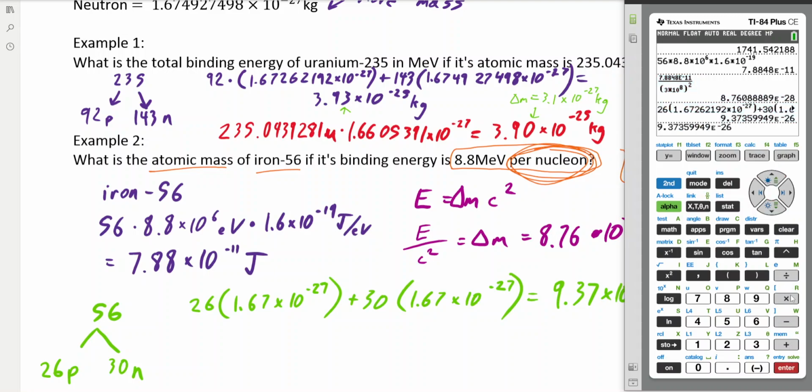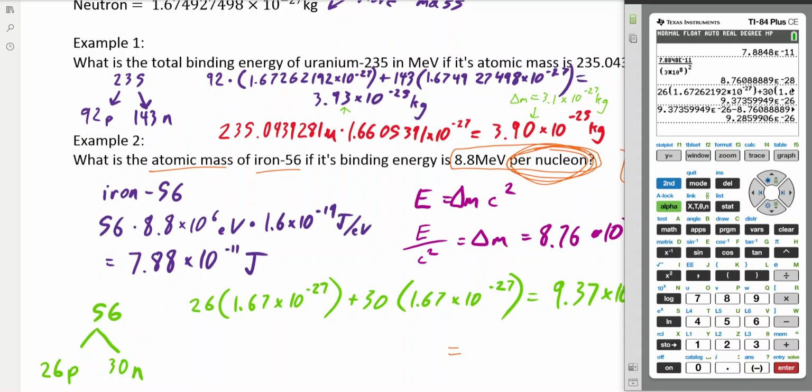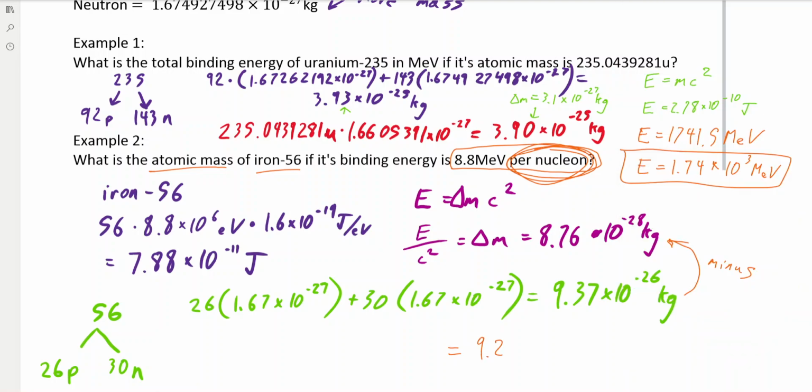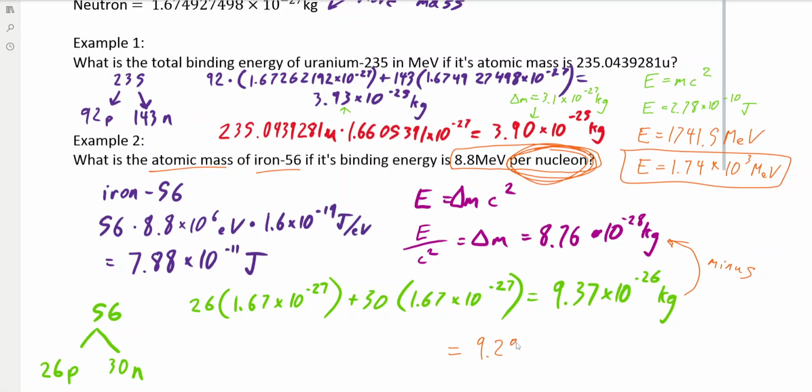So it's actually going to be this number minus this number. It's going to be the green one minus the pink one. Okay, and so when we subtract those two, what do we get? We get 9.28. Oh, it rounds up to 9 times 10 to the negative 26 kilograms.